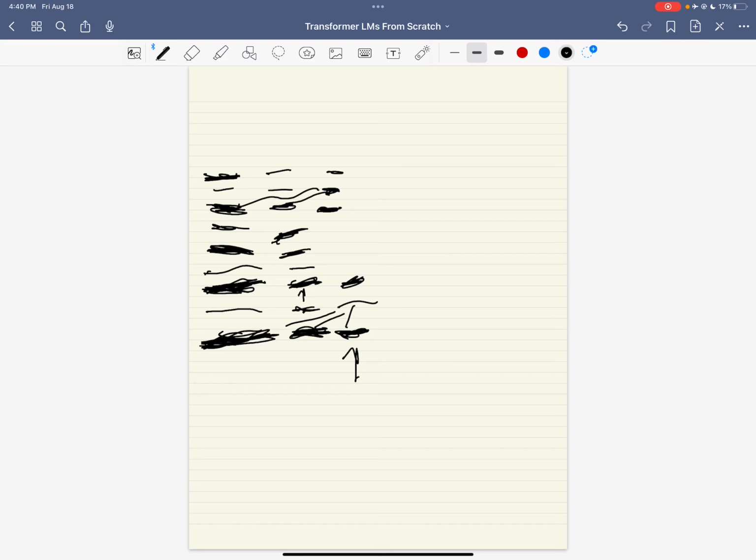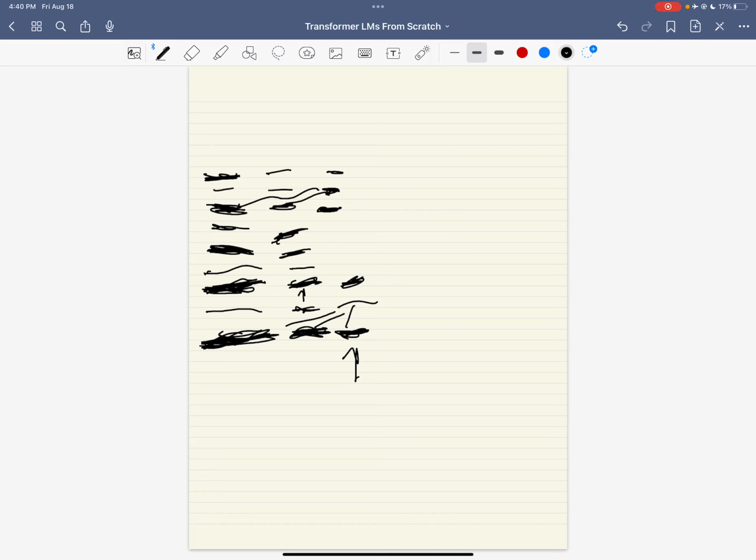Yeah, so I think this is the fourth. So our third language model was just one attention layer and one feed-forward layer. You can train this. It will work. It won't be very good, but it will definitely work. And our fourth language model is stacking multiple transformer layers one after the other.